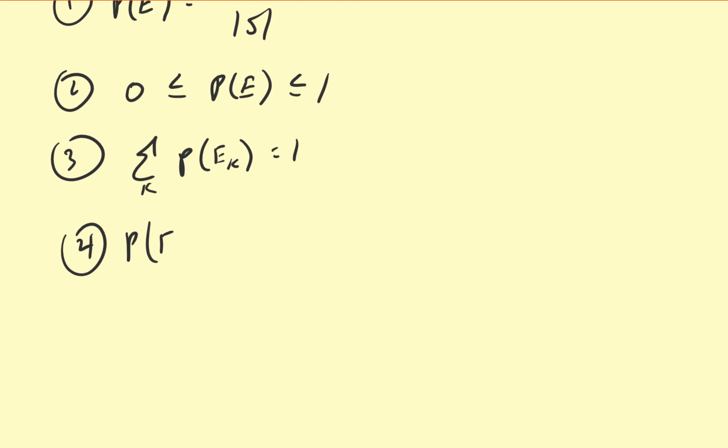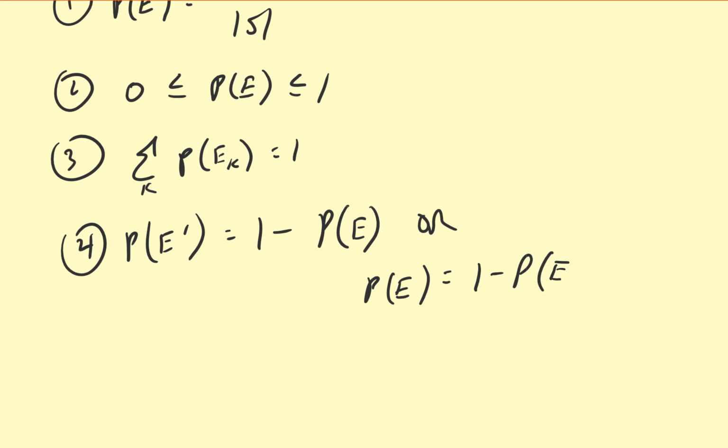And the probability of the complement is equal to 1 minus the probability of E. Or the probability of E is equal to 1 minus the probability of E complement, which is pretty much what we discussed in this last example. And that's a general overview of 4 basic properties of probability. And in the upcoming videos, we'll talk about more advanced properties of them.